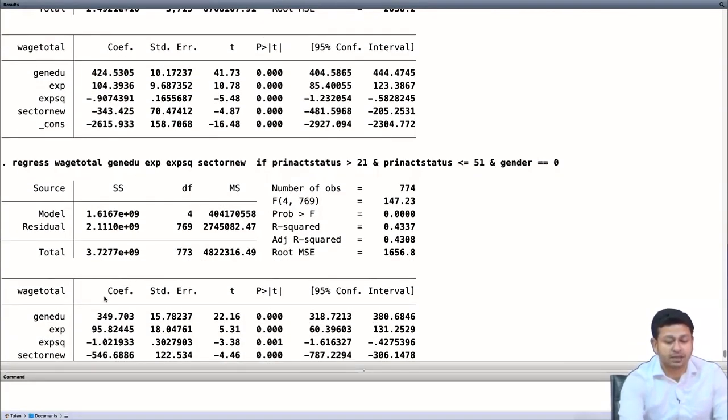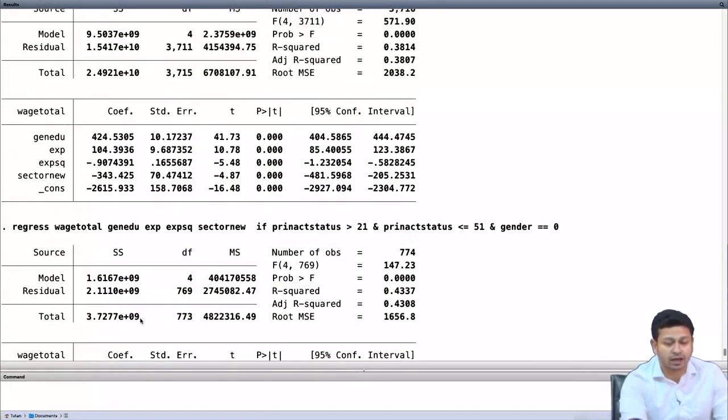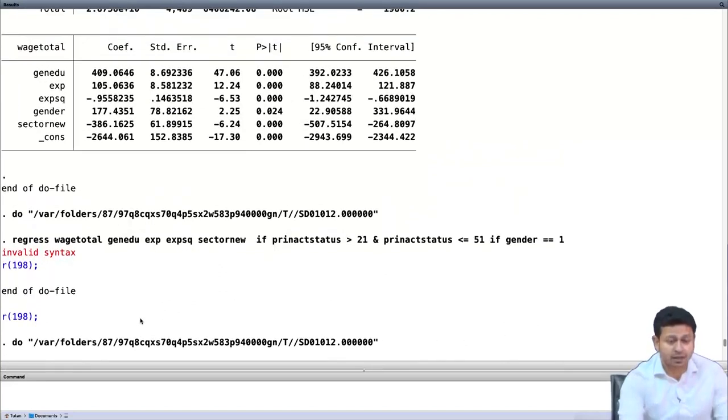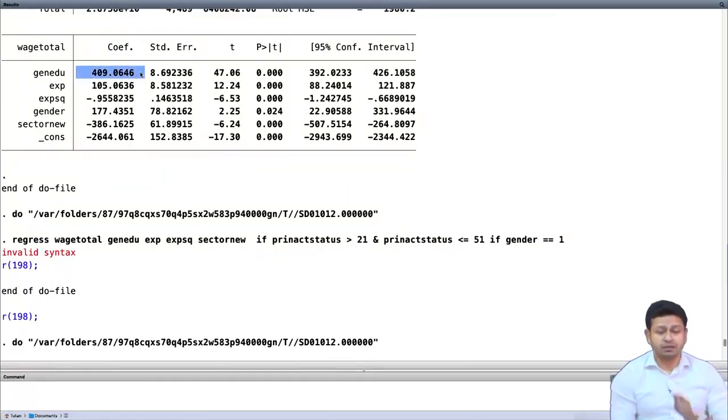If you run a subsample regression, the coefficients are not the same, which we actually claimed in our regression with the dummy variable. So that is an assumption we have to remember we are making when we run a regression equation with a dummy variable. With just the intercept dummy, it is as if our regression equations for the two categories are the same except for the difference in the intercept term. That is a big assumption we have made when running our dummy variable regression with the intercept dummy.